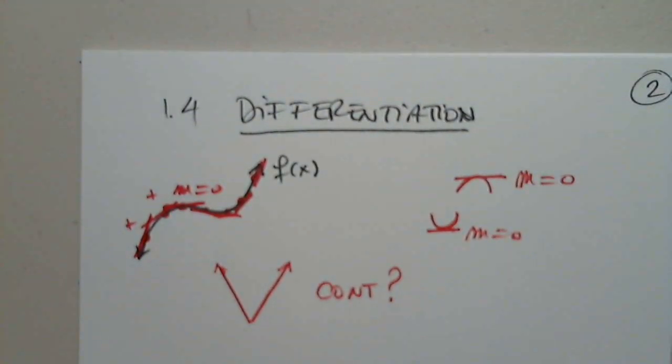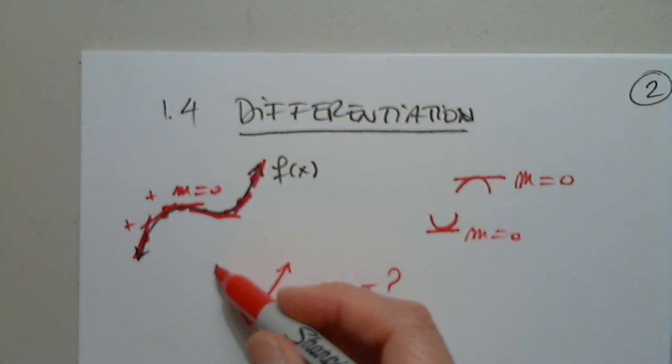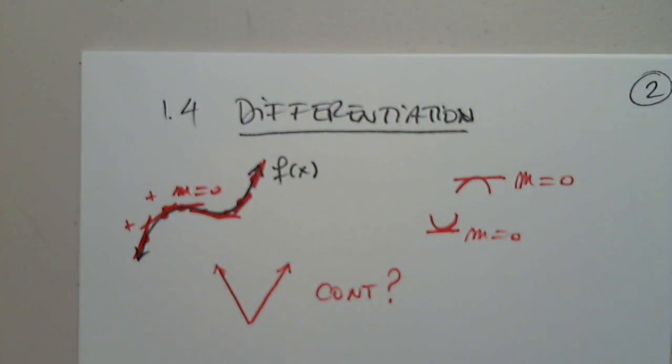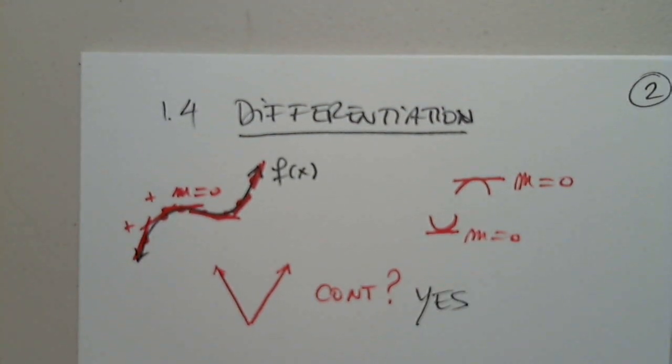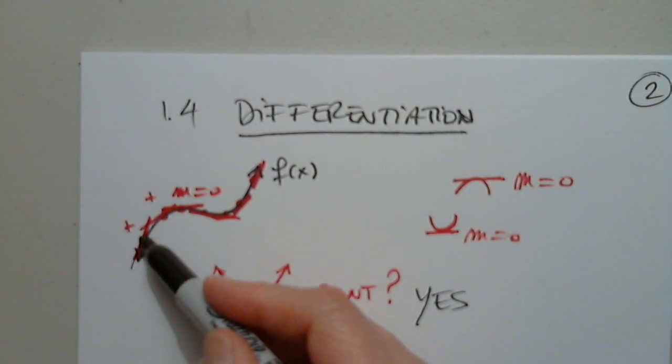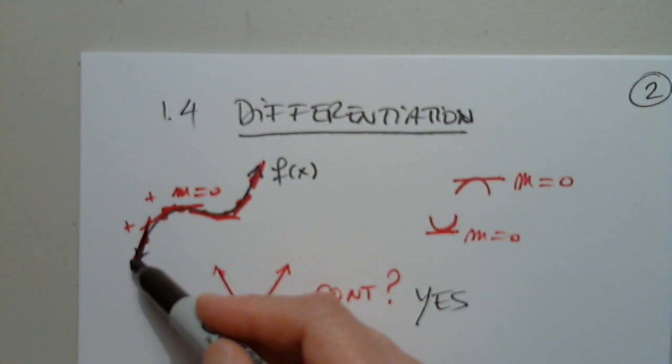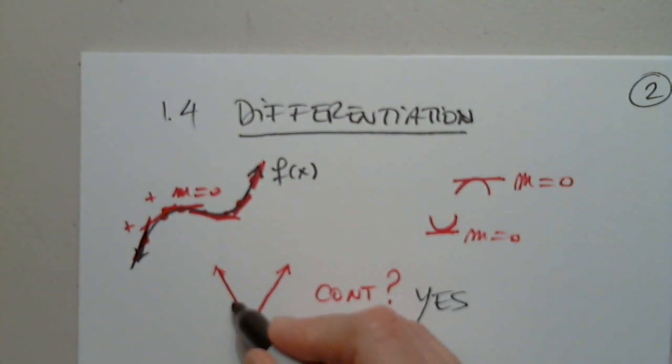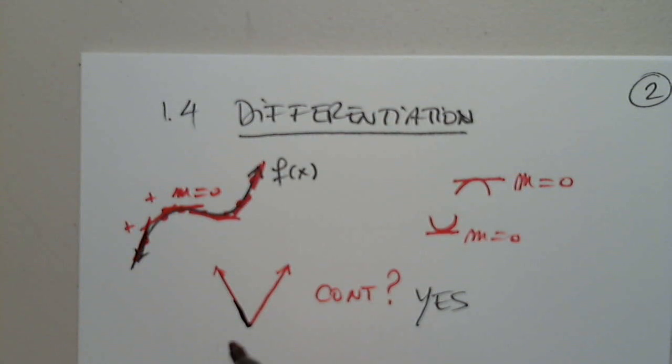Okay, is this function continuous? Yes, absolutely, it's continuous. But look what happens at this point. Remember, the tangent has to follow the function. Following the function, I have a tangent here, and here.